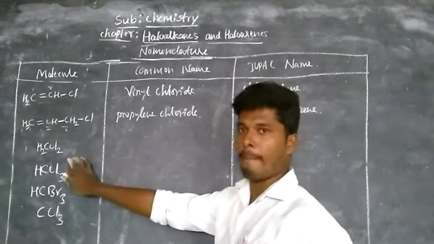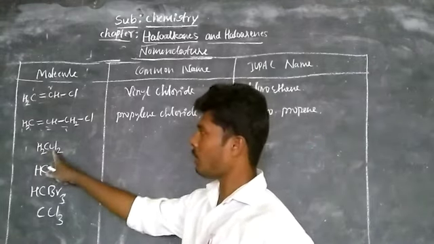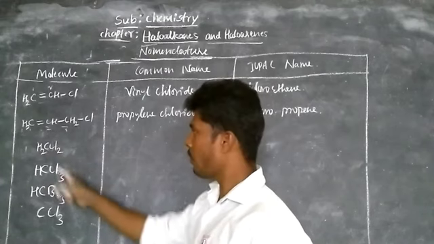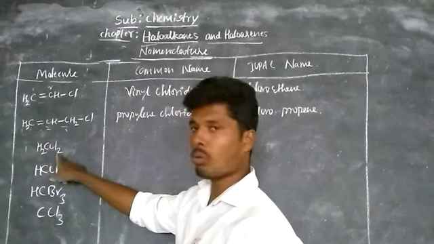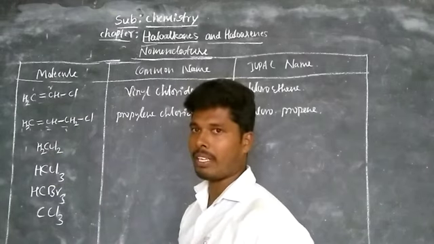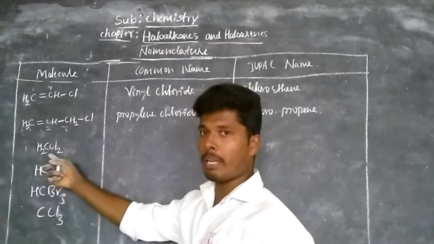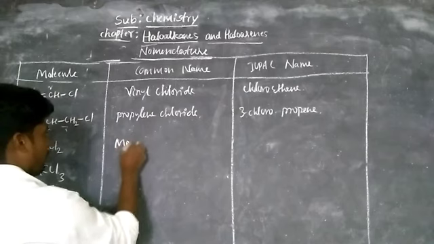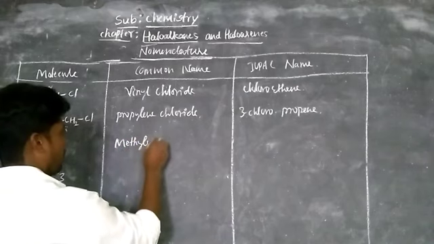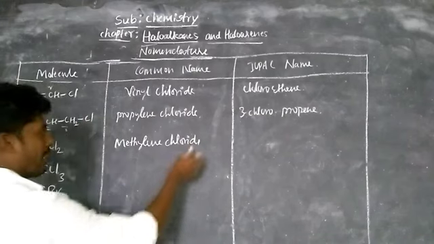Similarly for this one, observe how many carbons there are. Only 1 carbon, containing 2 hydrogens and 2 chlorines. Therefore meth is the root word. There are 2 chlorines, so that is dichloromethane. Dichloromethane is the IUPAC name, and the common name is methylene chloride. Why do we call it methylene?